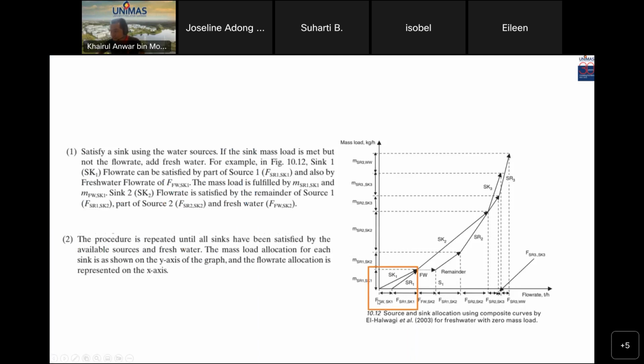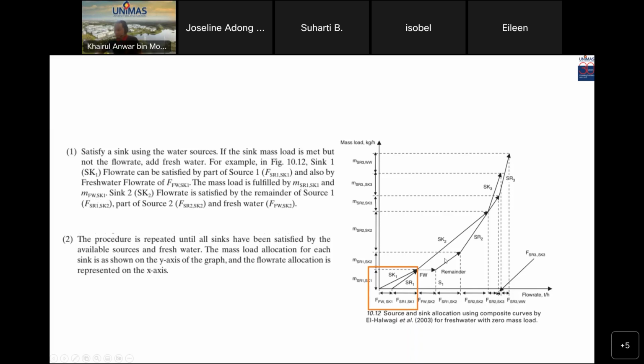See here, SK1. So SK1 comprises flow rate from SR1 and FW, freshwater. The mass load is fulfilled by MSR1 SK1 and MFW SK1.